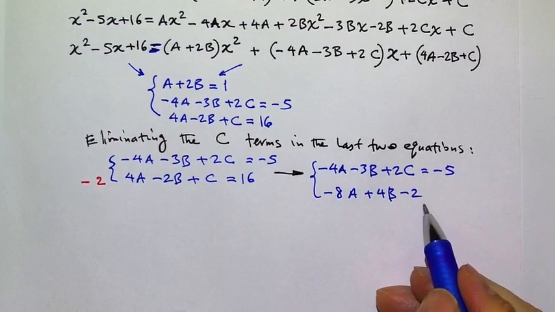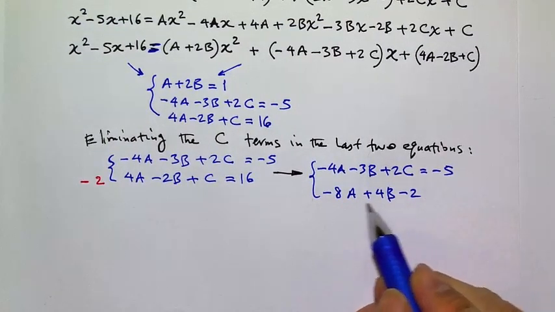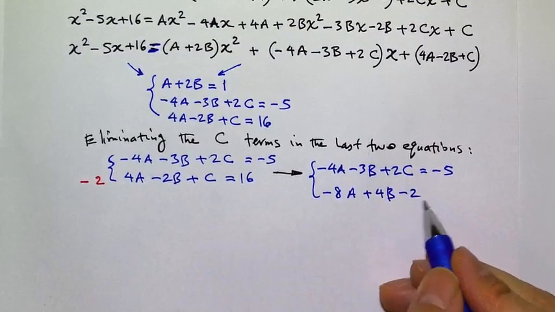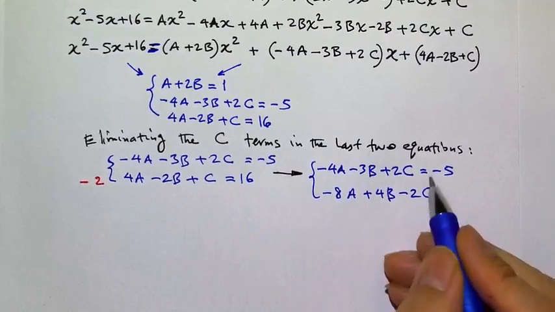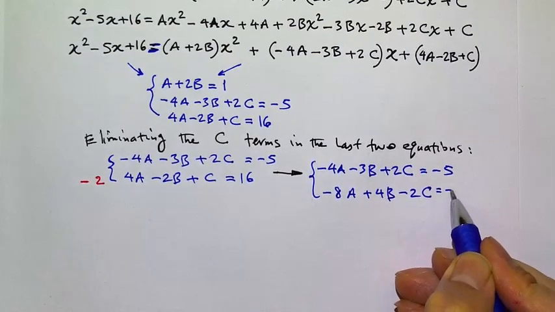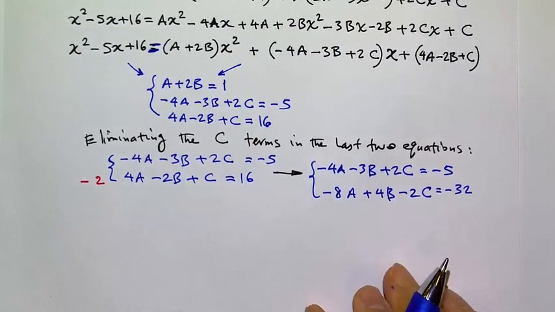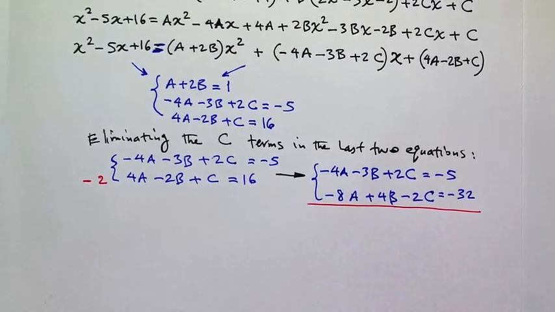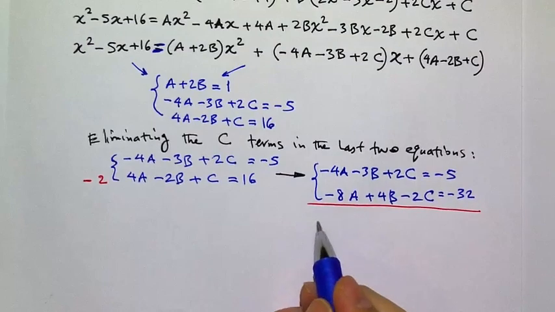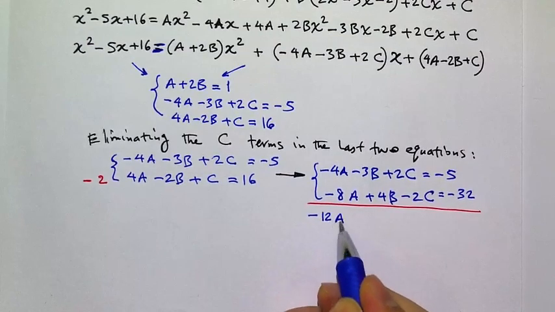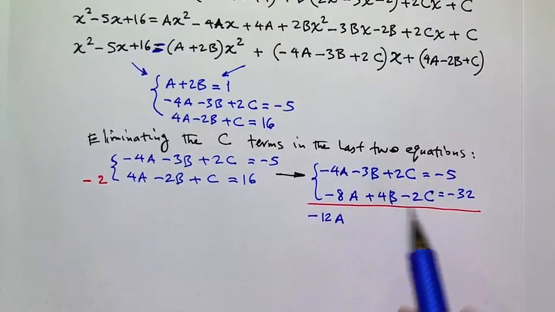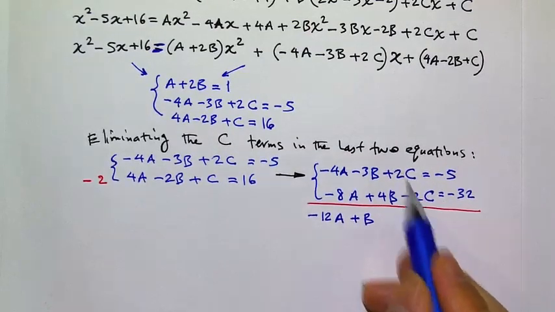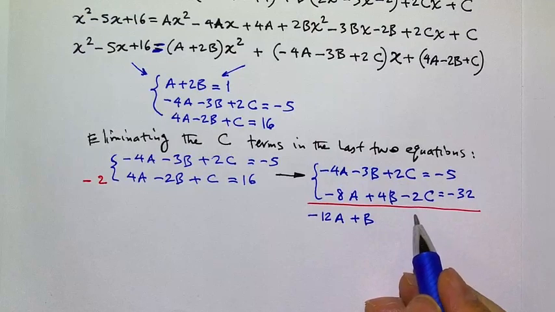And this is what I get: minus 8a plus 4b minus 2c equals minus 32 on the other side. Okay, and then adding these two equations, we have minus 12a plus b, and then the c terms drop out as we planned.